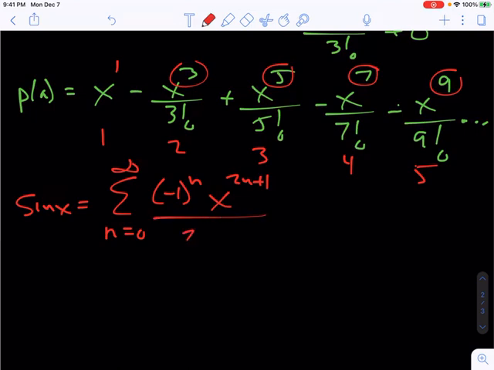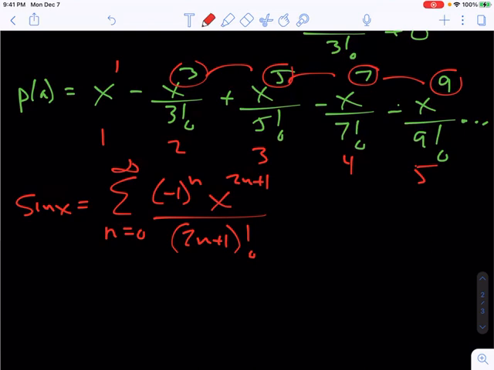And we're going to divide it by 2n plus 1 factorial. Now remember, you can tell that it's an arithmetic sequence because there is a constant difference between each two terms. There's a difference of 2. And so you can determine what the arithmetic sequence is. We gave a formula for finding arithmetic sequences back in section 5.1.